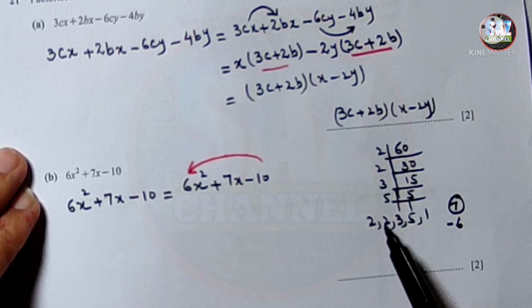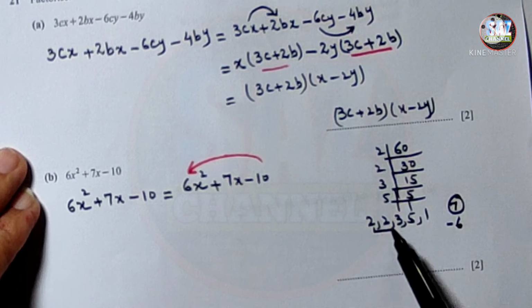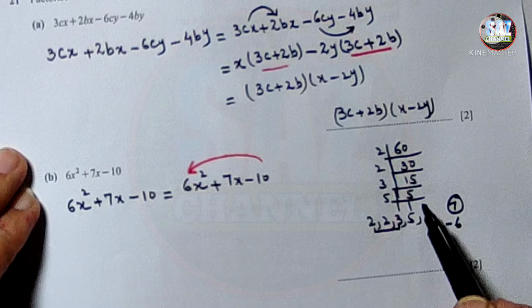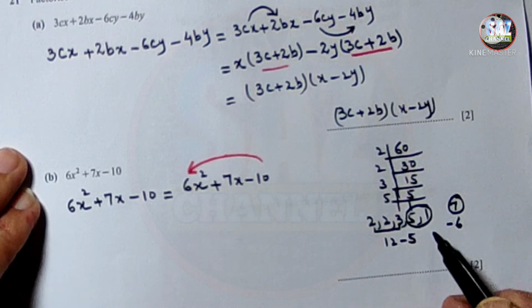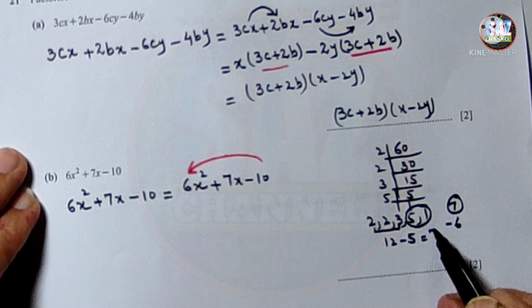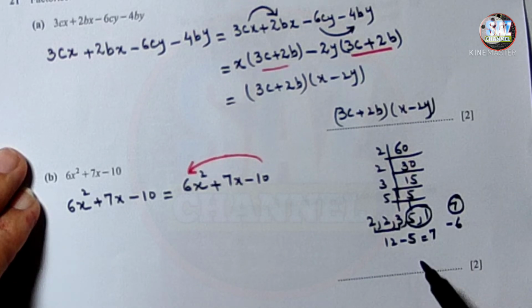Now 2 times 3 is 12, and 5 and 1 together make 5, so 12 - 5 gives me 7, and 12 multiplied by 5 is 60.